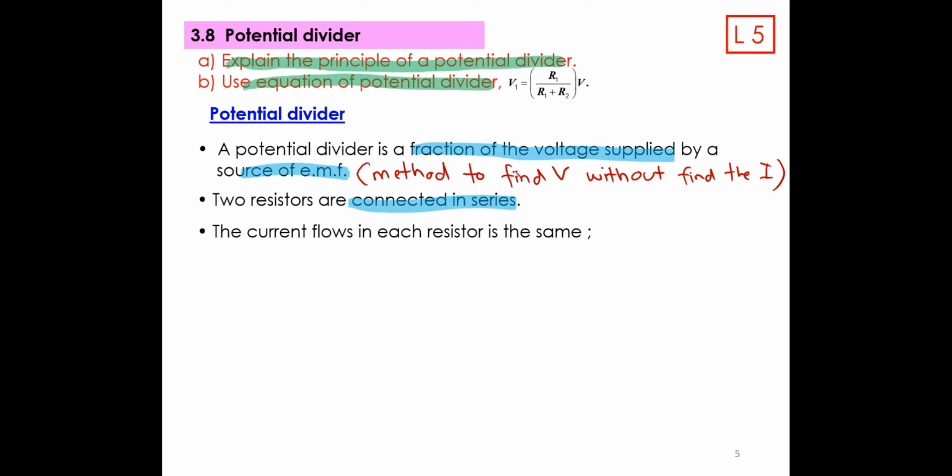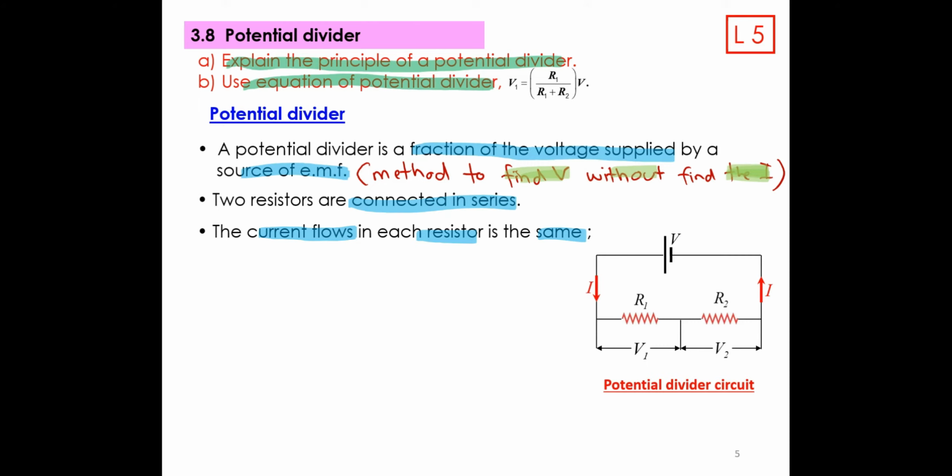Because the current flowing in each resistor is the same. As I wrote right here, you need to find the V without finding the current. So your current should be the same, because it is a ratio and you can cancel out your current. We will discuss later.